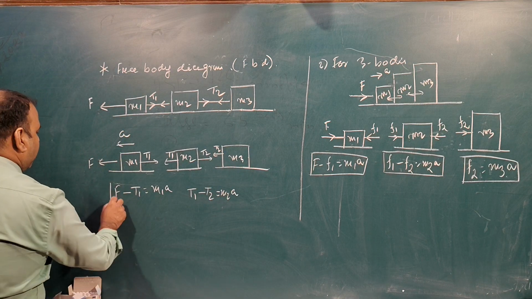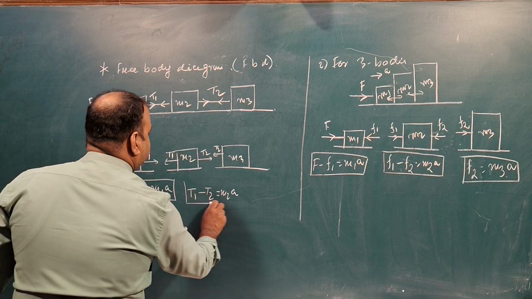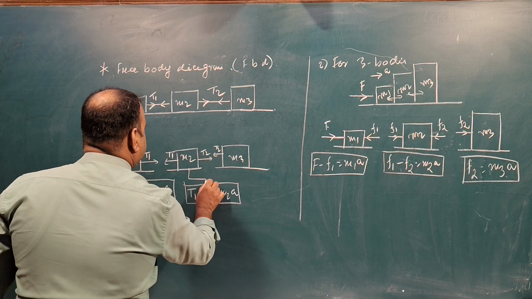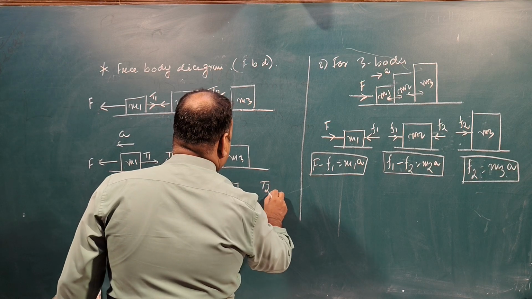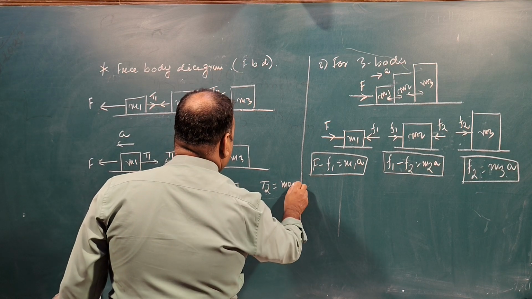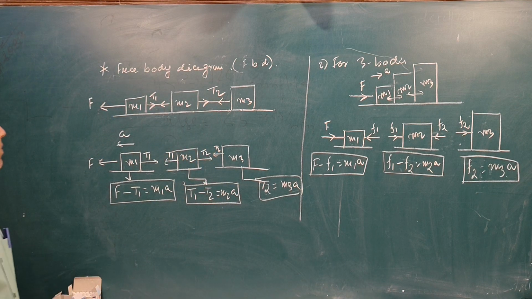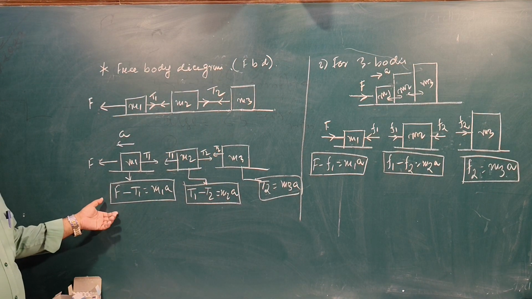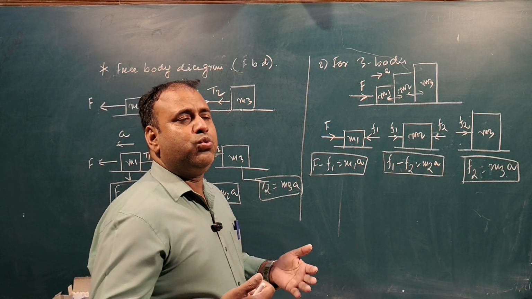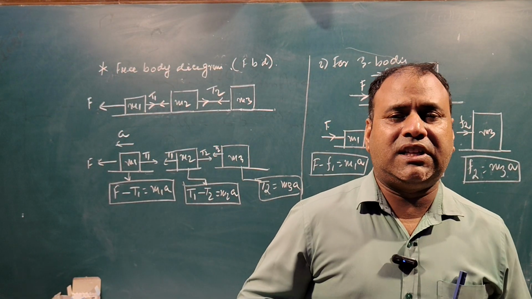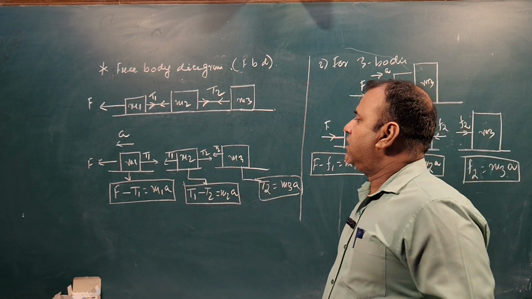This is the formula for the second diagram. And for the third diagram, T2 is equal to M3A. So remember these formulas. In this way, when two or more bodies are connected with each other, we can write the formula depending upon the connection.